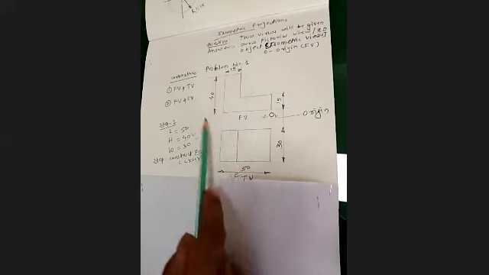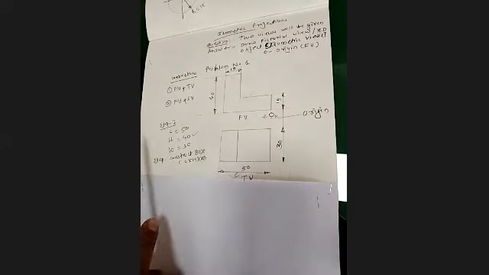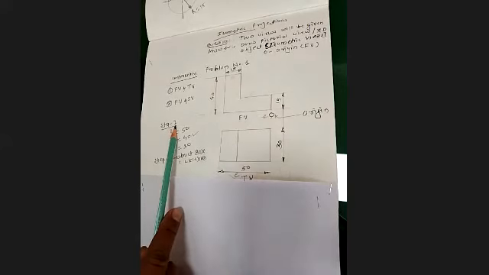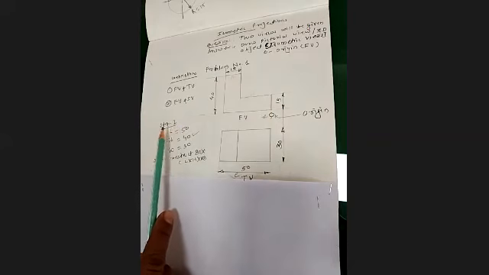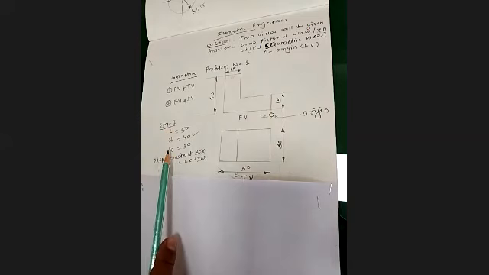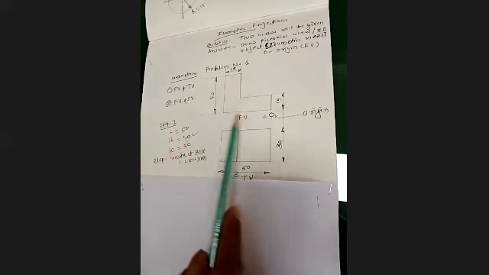Now you have to refer to the views and complete step number 1. Step number 1, the maximum dimensions, that is length, height, and width. By looking at this front view and the top view, you just see whether they have given the length straight away, or we have to do some addition. If you look at the top view, this 50 is given. 50 is nothing but the length for front view as well as top view.